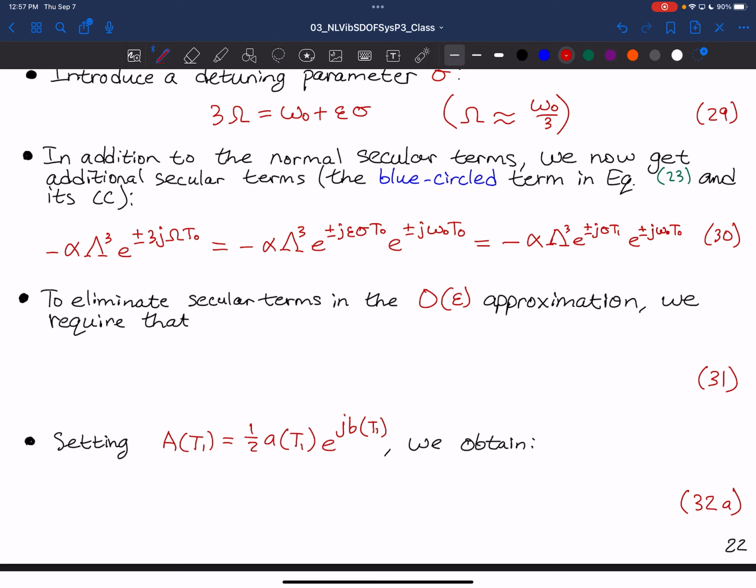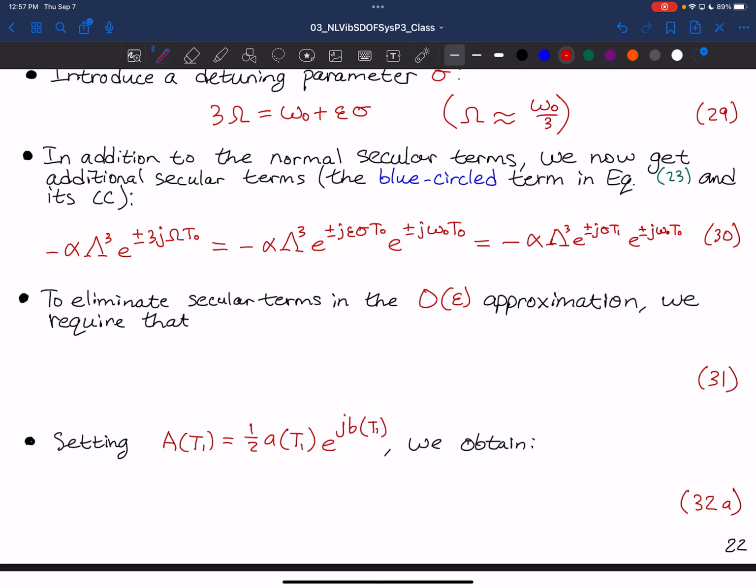So because of this assumption in terms of what the forcing frequency is, we can see that this term has now become a secular term.